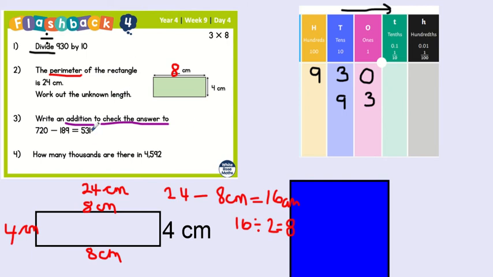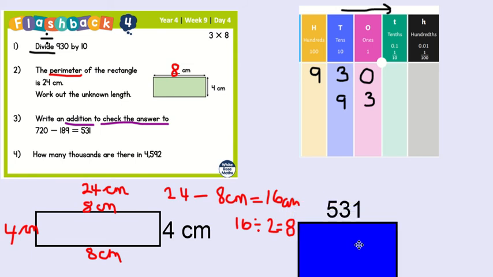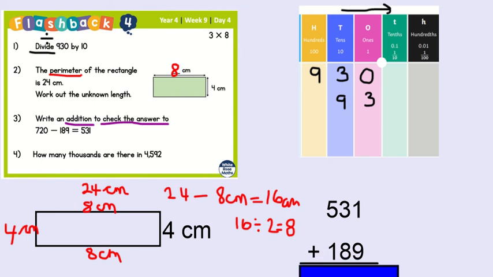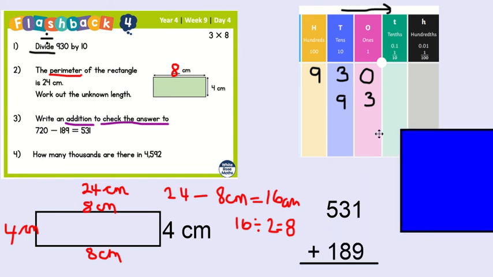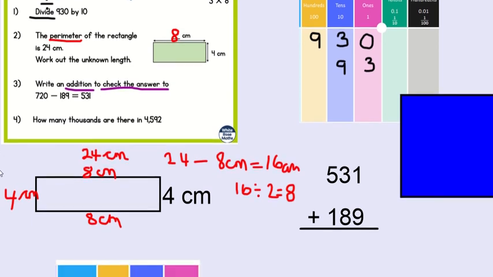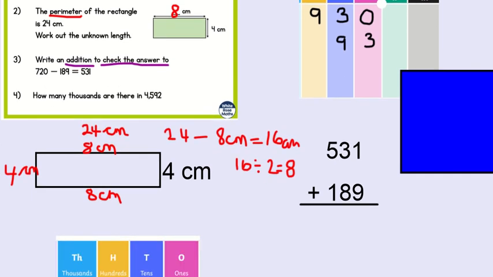And when we're doing the inverse, it means that we're working backwards. So we're going to start with 531. I've popped that over here for you. We've got to add 189. And when we add those together, we're going to get 720.